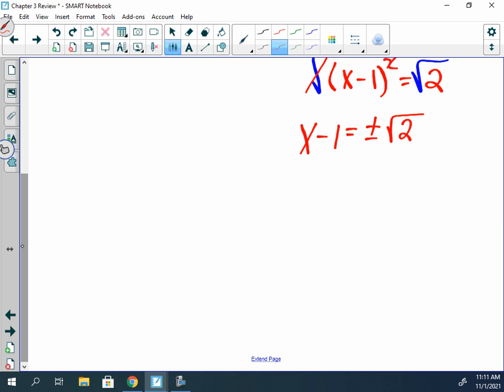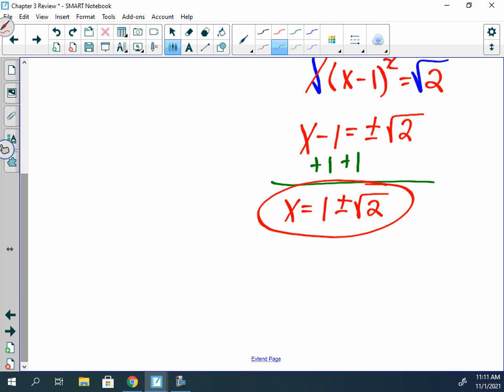Since the square root of 2 will not reduce, it will not simplify any further without turning it into a decimal. We can leave it as this here. We just have to add 1 to both sides, which tells us x is equal to 1 plus or minus the square root of 2.